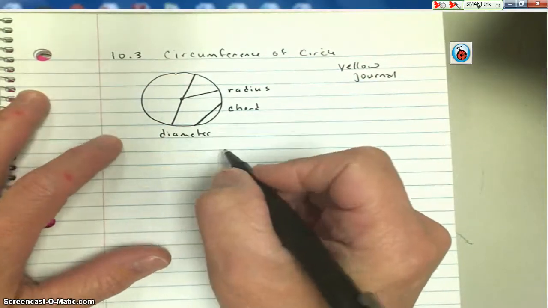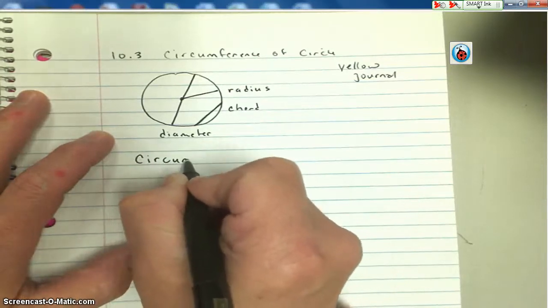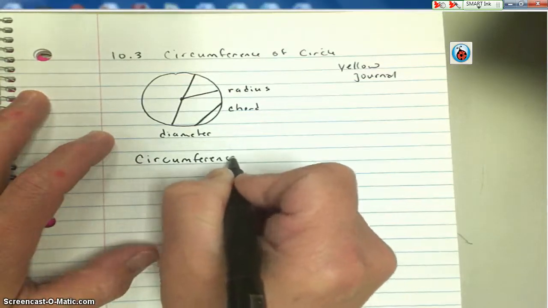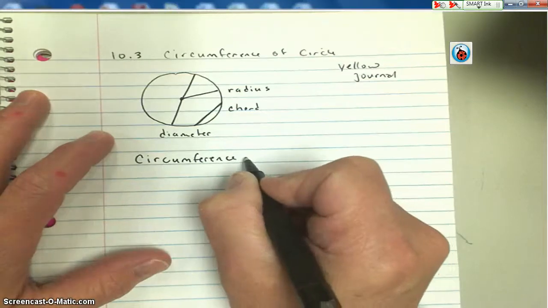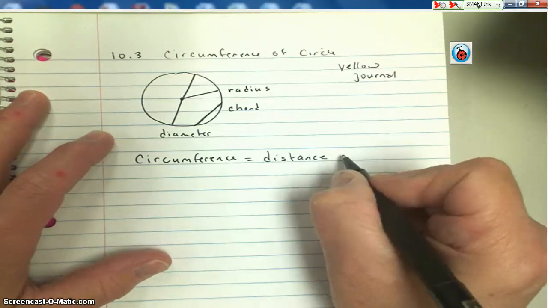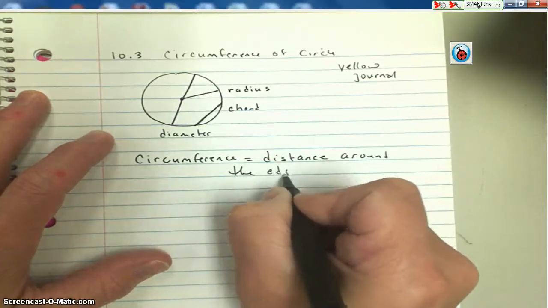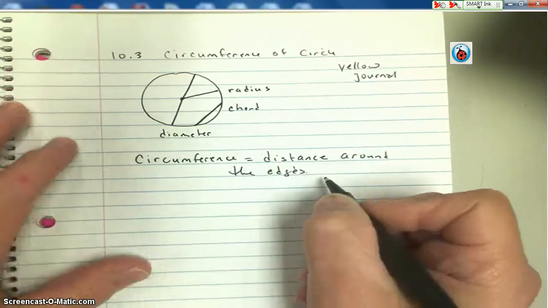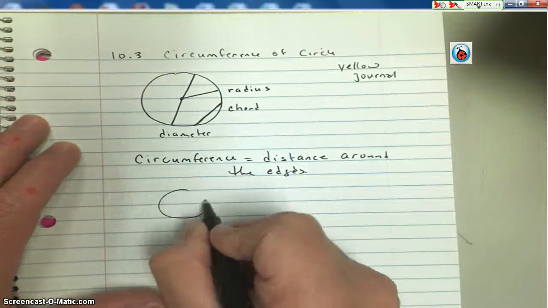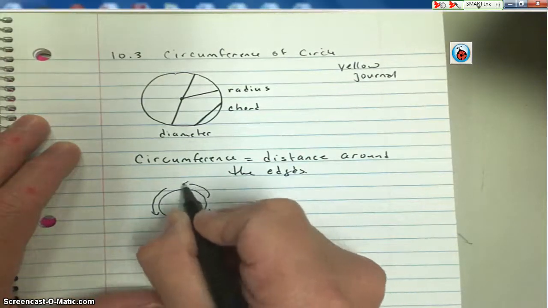Now we're going to move on to what we mean by circumference. When we talk about circumference, we're talking about the distance around a circle, the edges. So if we have our circle, it's basically the distance around the outside edges.